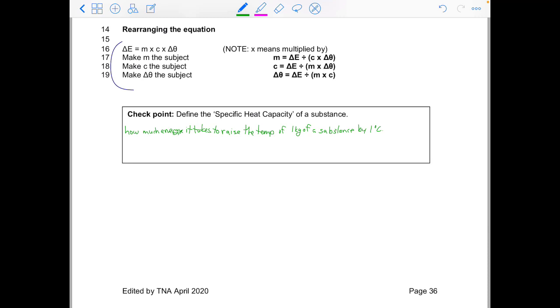So that is our definition of specific heat capacity, how much energy it takes to raise the temperature of 1 kilogram of a substance by 1 degree Celsius. Make sure you have that written in, and we'll get on with the maths.